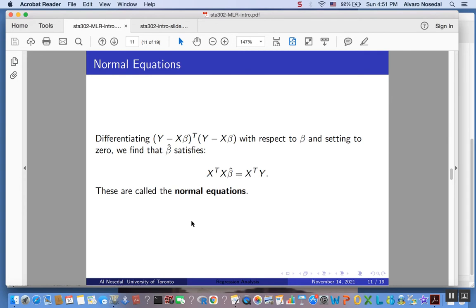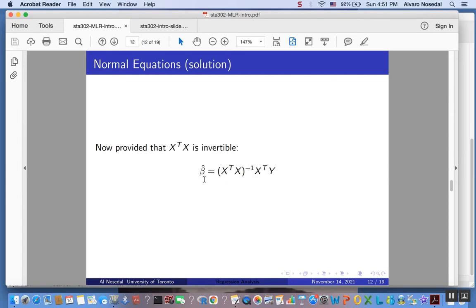You have seen the expression that I'm about to show you before. If x transpose x is invertible, if the inverse of x transpose x exists, then you just pre-multiply by the inverse of x transpose x, and you have beta hat. You have seen that expression before.